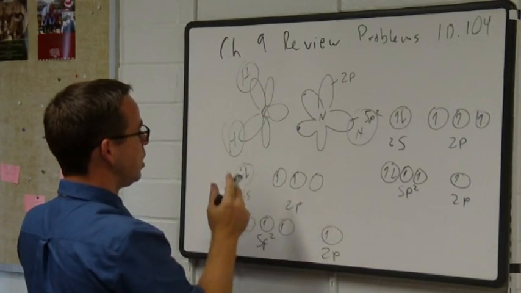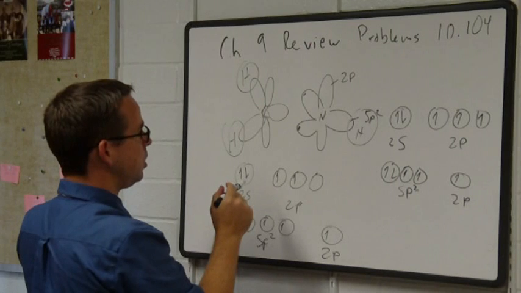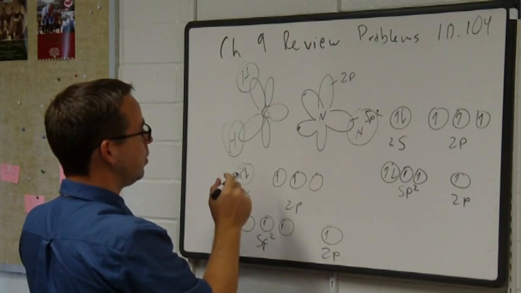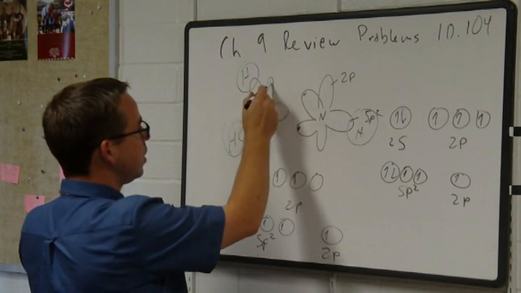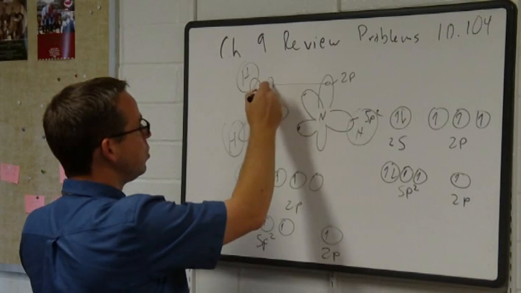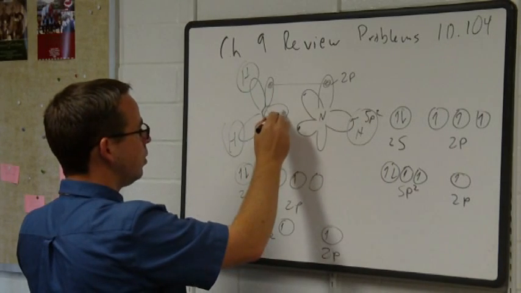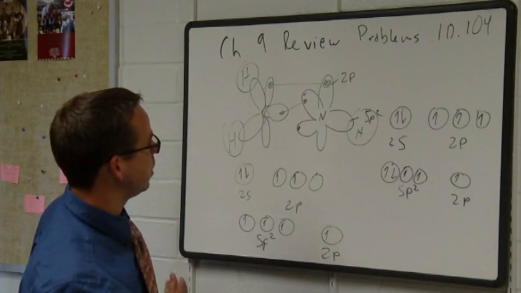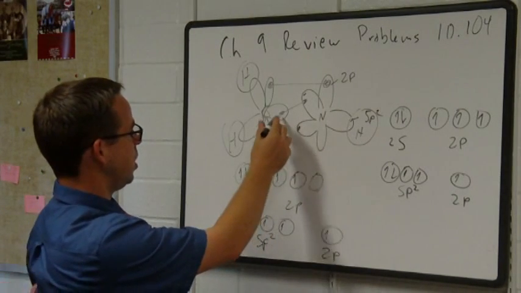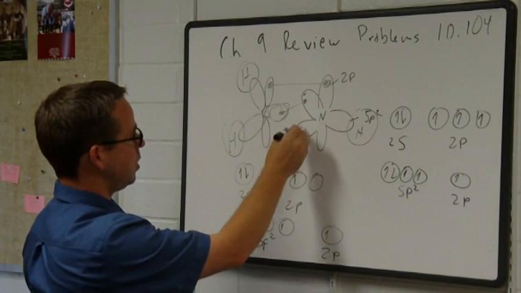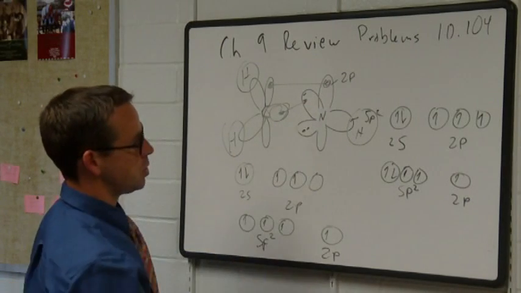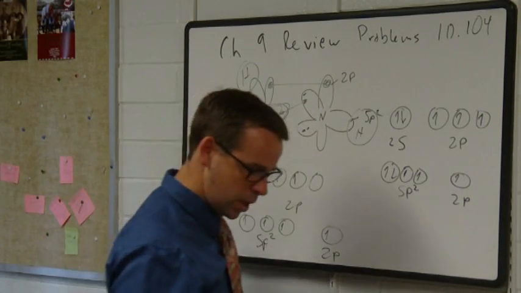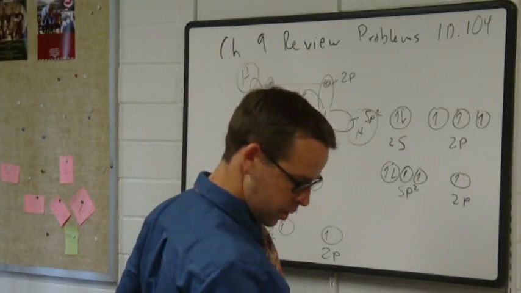So the bond between the carbon and the nitrogen is going to be between these 2 p orbitals, and one of these sp orbitals is going to bind with the other sp, and then the other one is going to have a lone pair in nitrogen. And we can draw that little structure and see what it looks like.